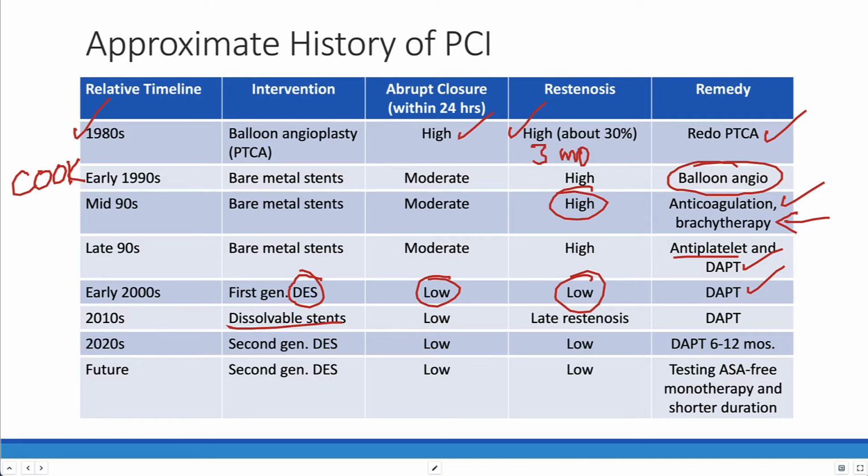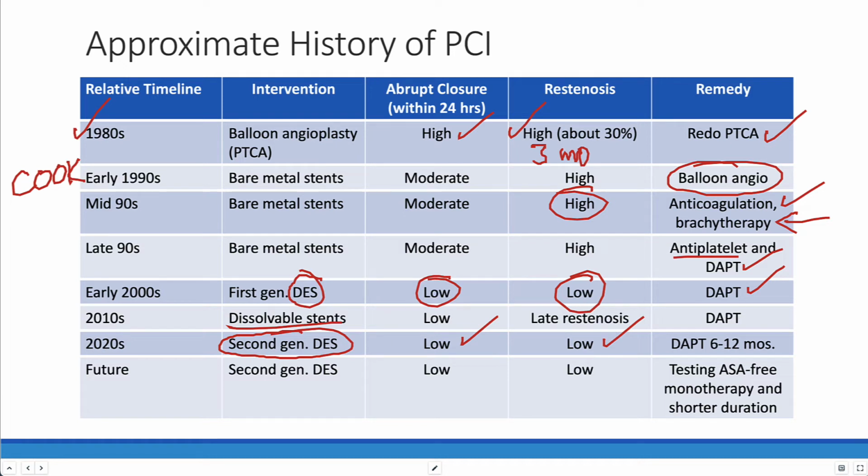So they went the way of the dinosaurs, and we are no longer using dissolvable stents. Fast forward then to the 2020s, where we have the second generation of drug-eluting stents. We have a very low abrupt closure rate and a very low restenosis rate. And now we're using DAPT for 6 months at a minimum, and preferably 12 months.